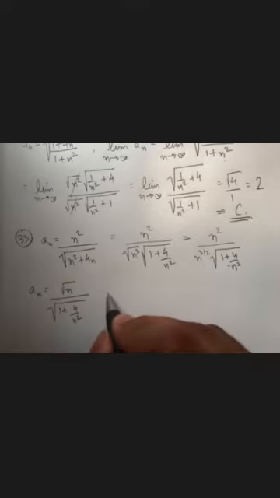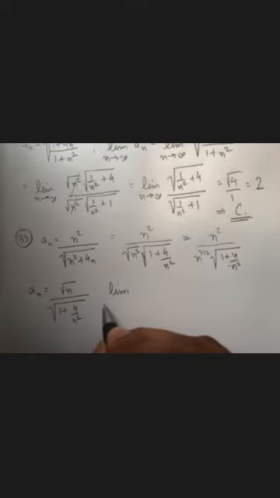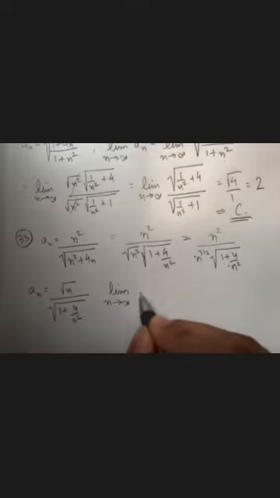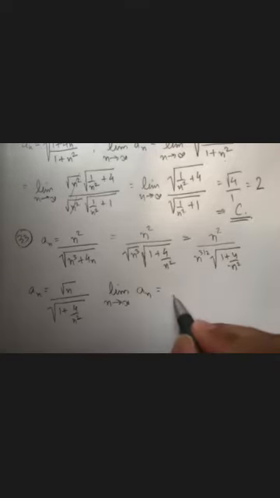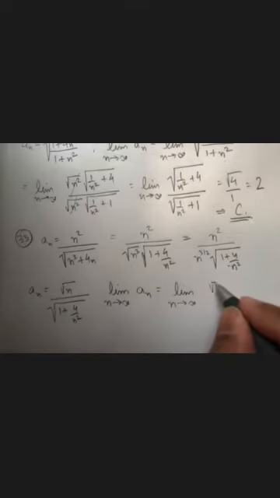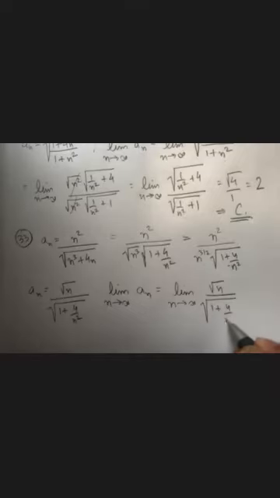So now if we take the limit, when n goes to infinity, n square goes to infinity. So 4 over n square will go to 0.